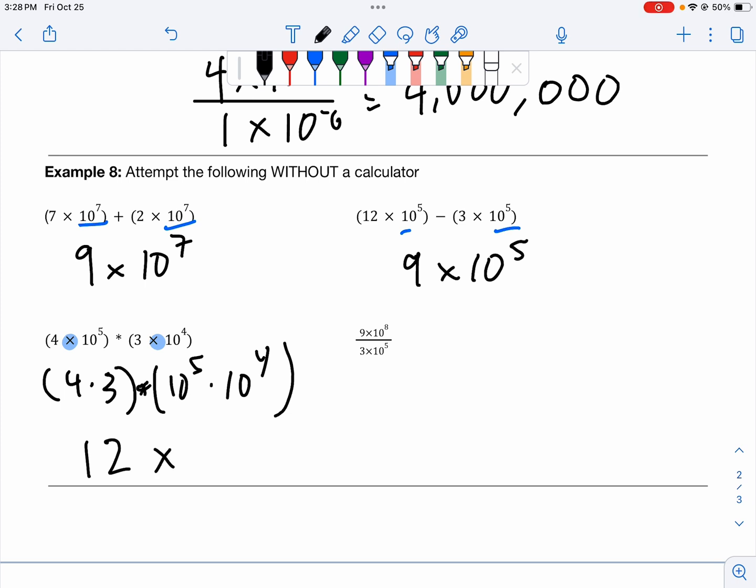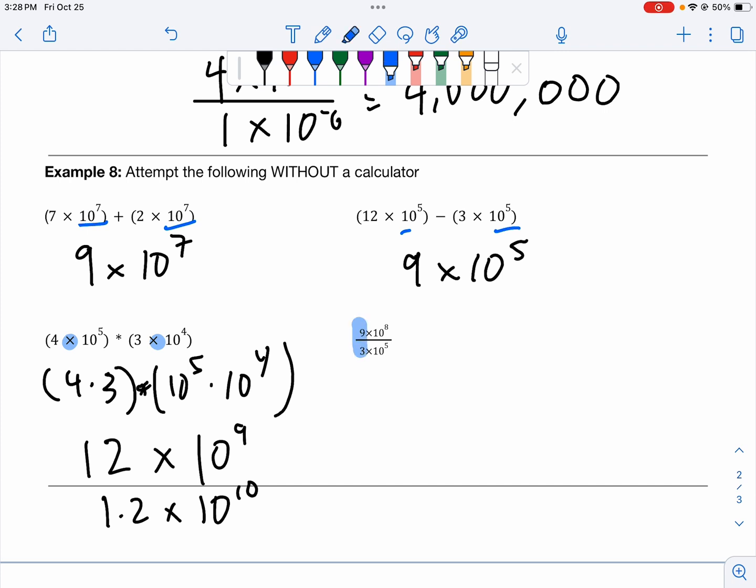And what is 10 to the 5th times 10 to the 4th? Go back to your exponents. We add those exponents. It's going to be 10 to the 9th. But, oh man, my answer is not in scientific notation. So I have to change this to 1.2 times 10 to the 10th. When the first number got smaller, I have to make the second number bigger to compensate for the change.